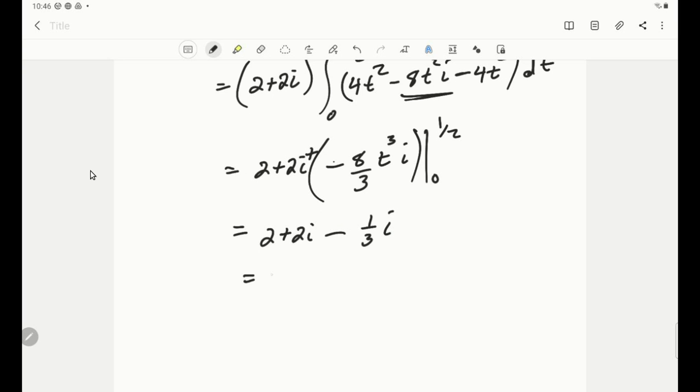If I pull out the 2, I get 1 plus I. Sorry about that, but all of a sudden I'm looking at this going, I don't like what I'm getting here.